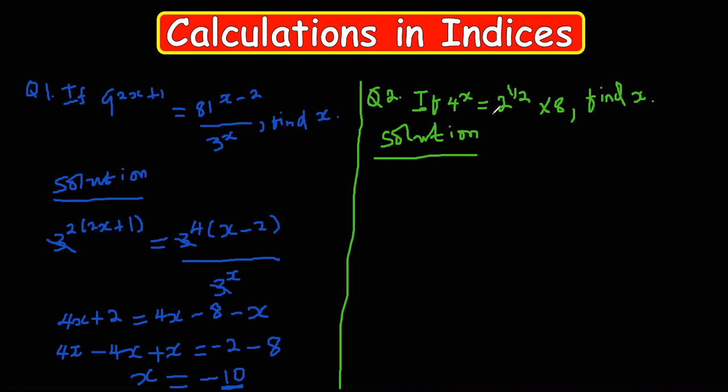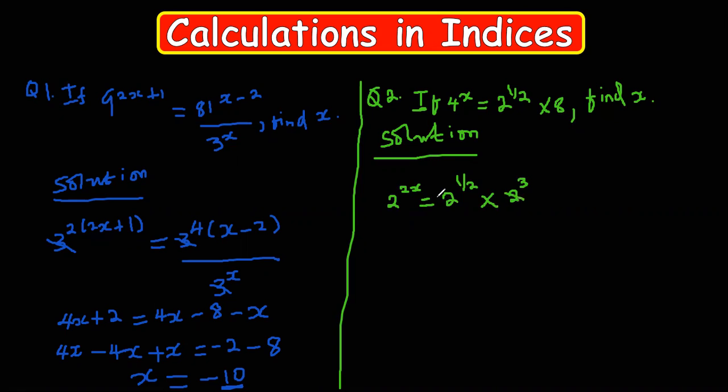We are going to change all the terms into the same base, and the lowest base here is 2. So we're going to have 2 raised to the power of 2x equal to 2 raised to the power of 1 over 2 times 2 raised to the power of 3.